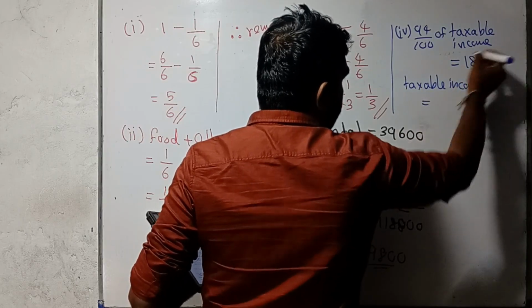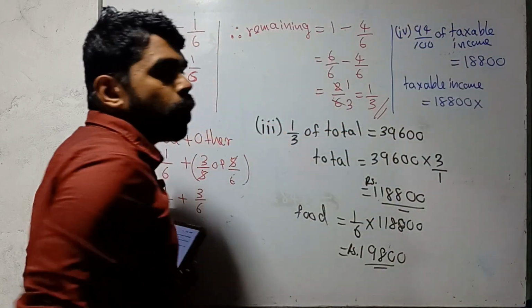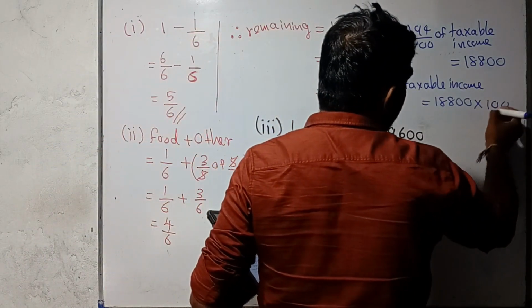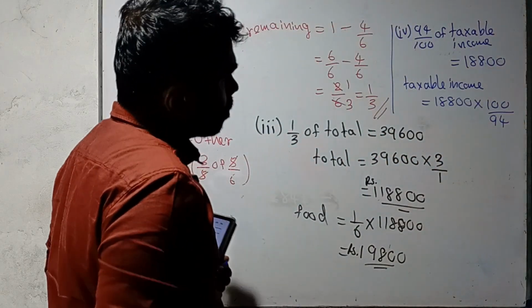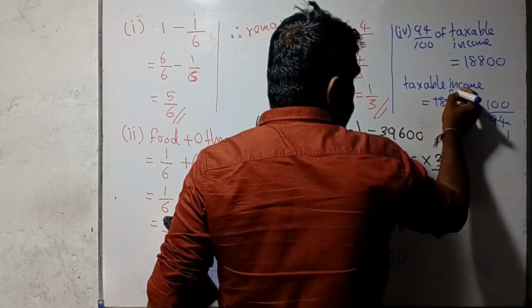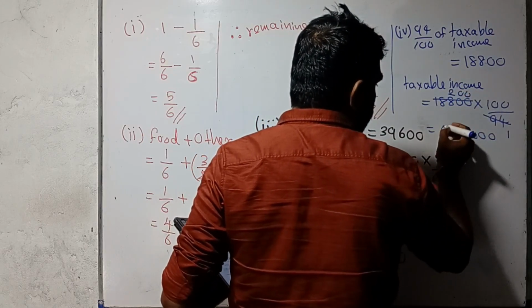We have to write this, 18,800, and we have to bring 94 over 100 to the right hand side as a reciprocal, 100 divided by 94. Then we can cancel out 94 divided by 94, 1, 200. It is 20,000 rupees.